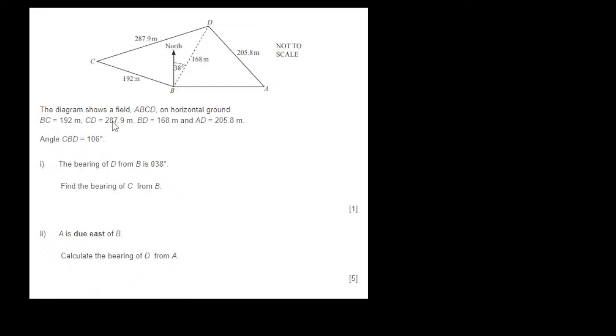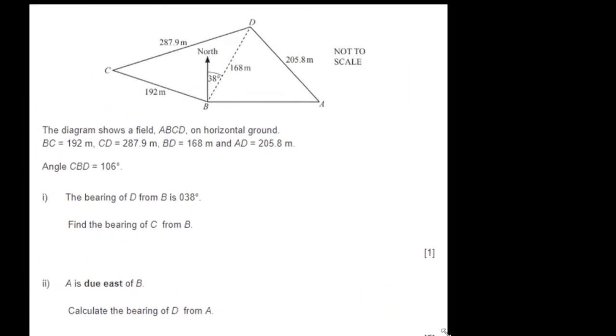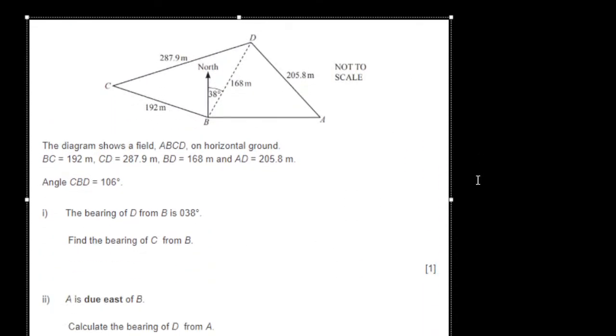The diagram shows a field ABCD on a horizontal ground. BC is given 192, CD is given 287.9. All the dimensions are given on the diagram.